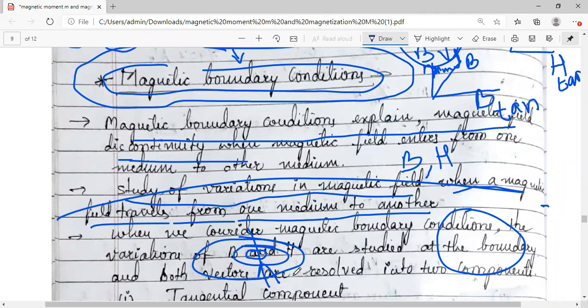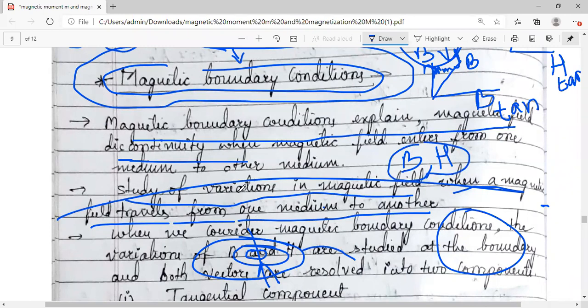It means the field changes inside, internally. These fields travel from one medium to another medium. That is very obvious. So the study of these variations from one medium to another, we will look into both B and H.